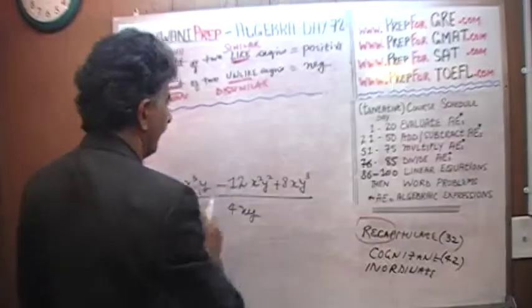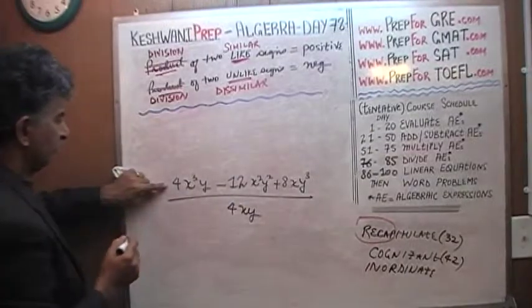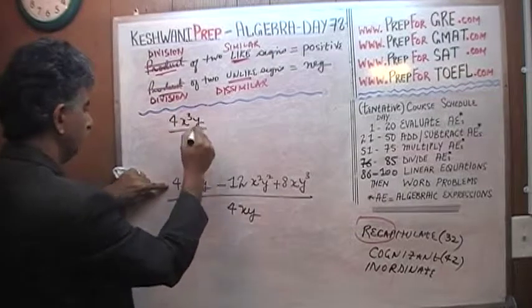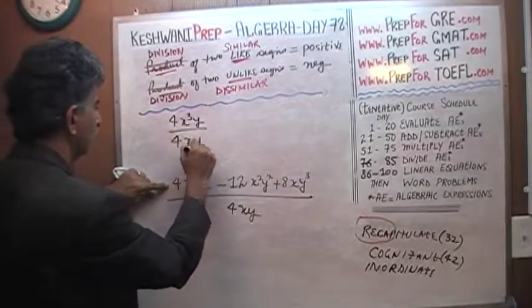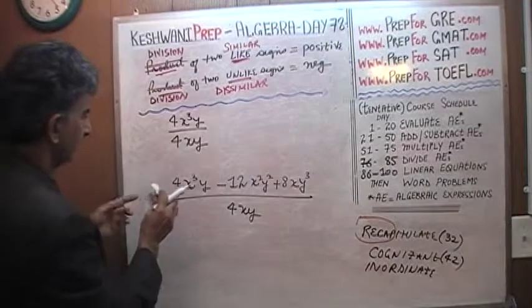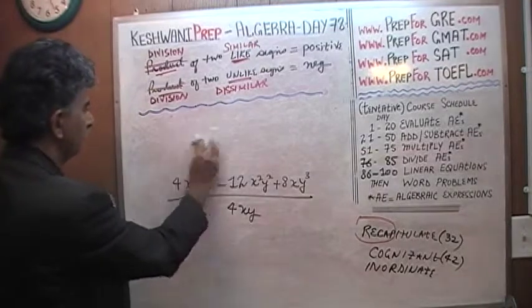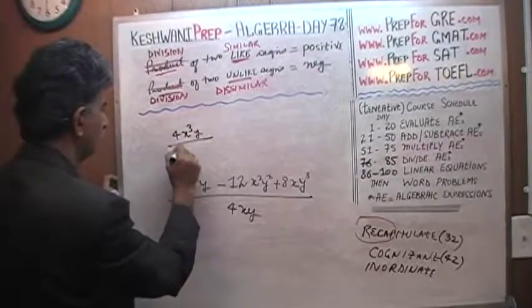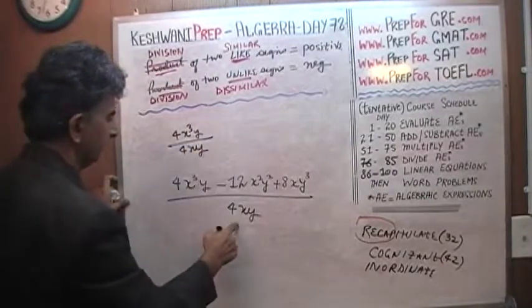So let's write out the three separate steps so it's easier for us to see. So the first one is 4x cubed y over 4xy. I shouldn't have written that high because I need the room to do some work on the top. 4x cubed y over 4xy, right here.